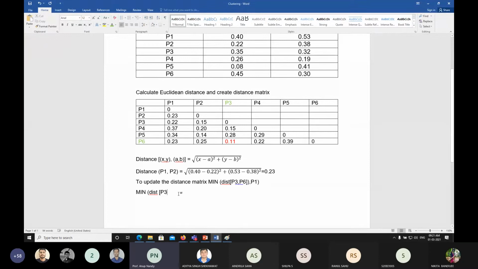That is P3 P1, and you have P6 P1. Beyond P6 you can write it.